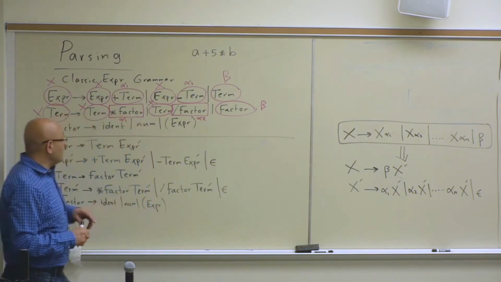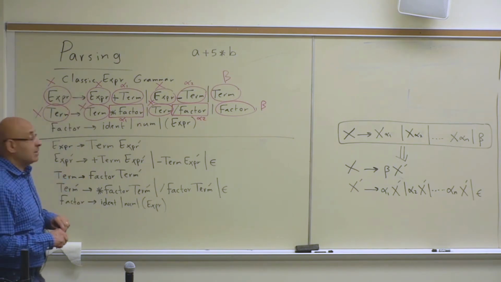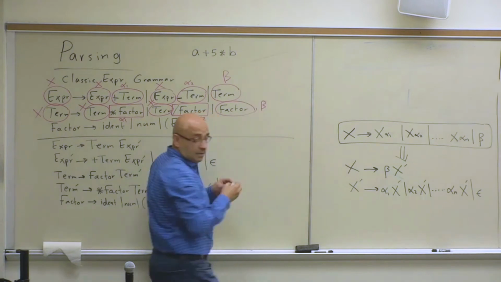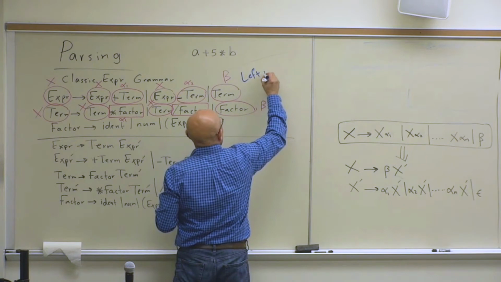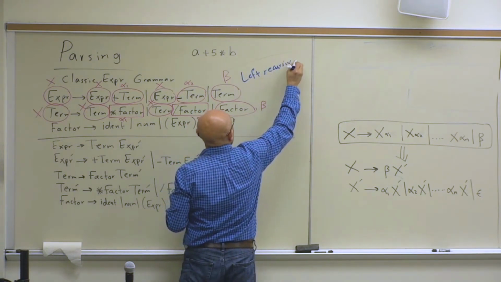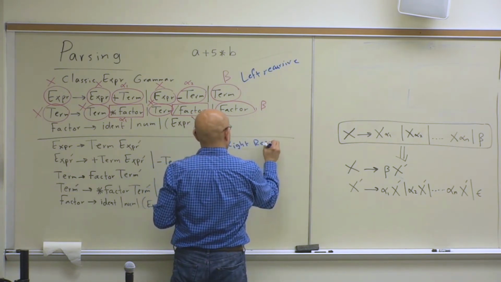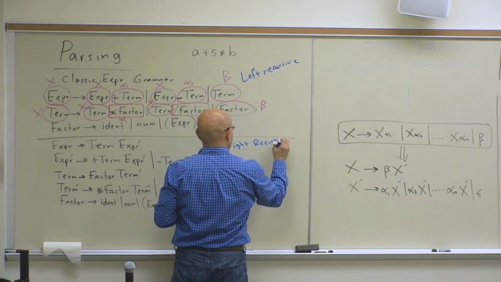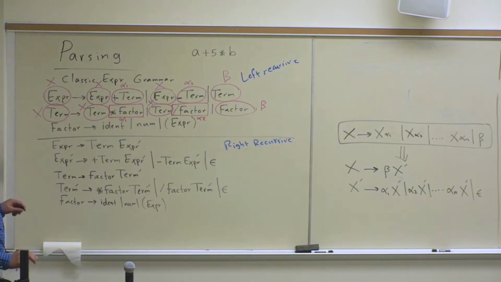Okay. Now, any questions on how we converted this left recursive grammar into this right recursive grammar? So this is left recursive, and this is right recursive. Now, does this right recursive grammar look odd or unnatural?